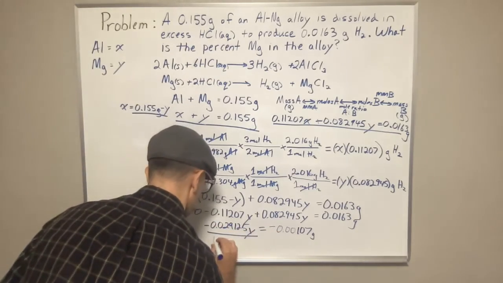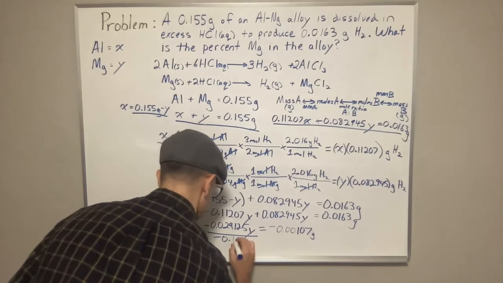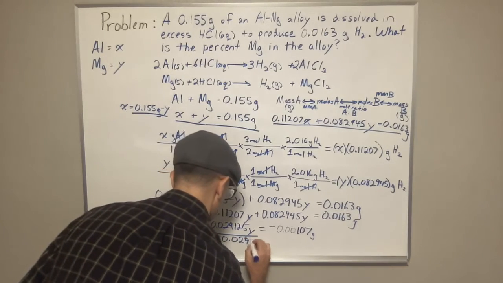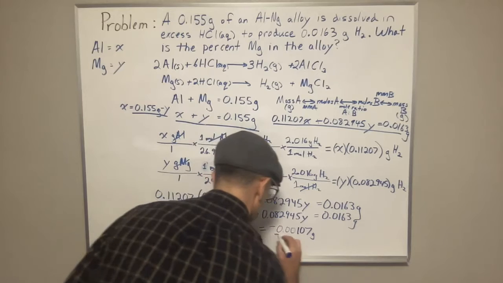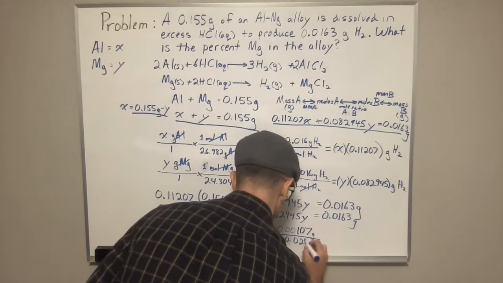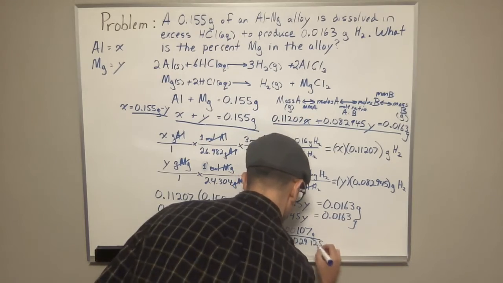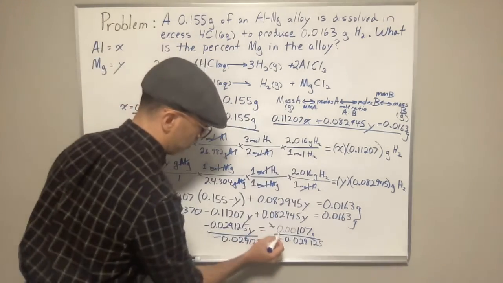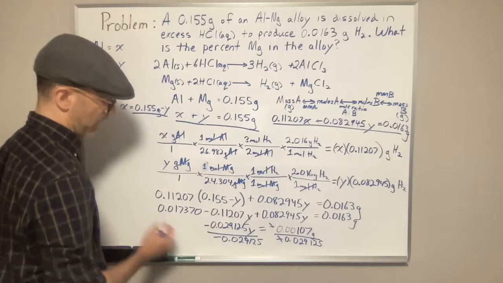So this will be divide both sides by negative 0.029125. So the negatives cancel out and become positive.